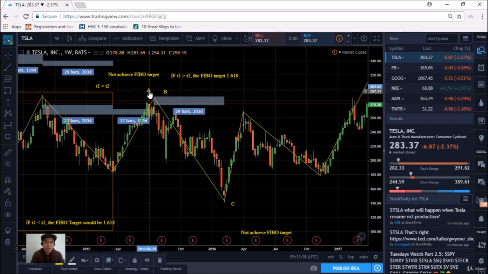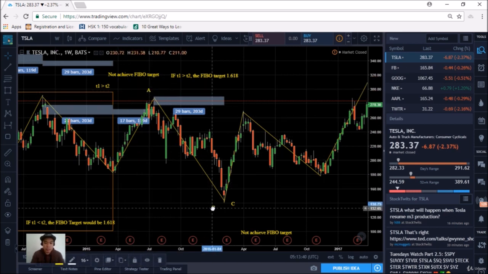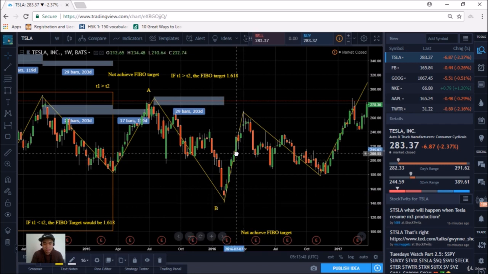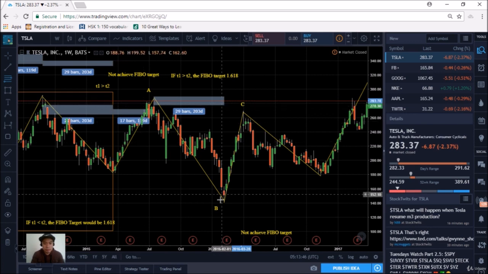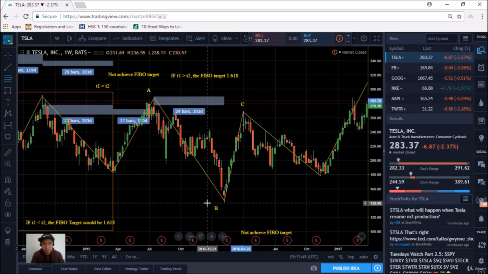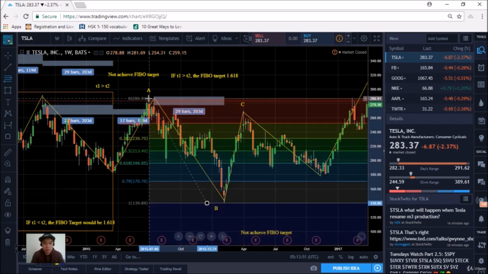We try to measure our target now. So we have identified which one is point A, B, C, and we use this as our distinct low for the downward target, and this is a distinct high to measure our downward target, and this is point C.